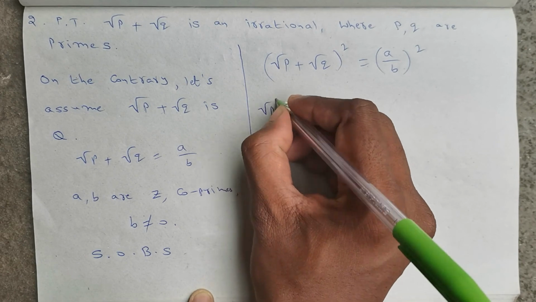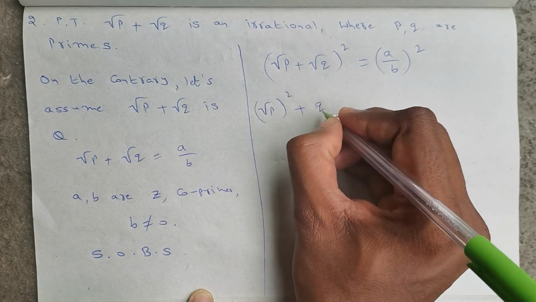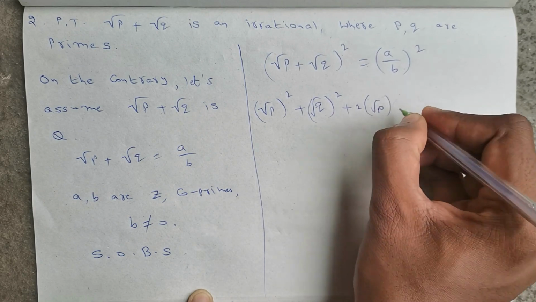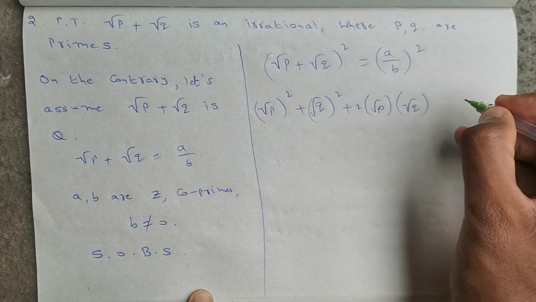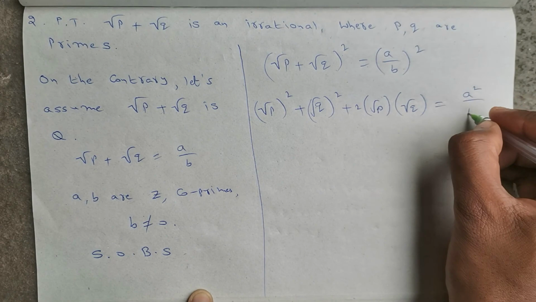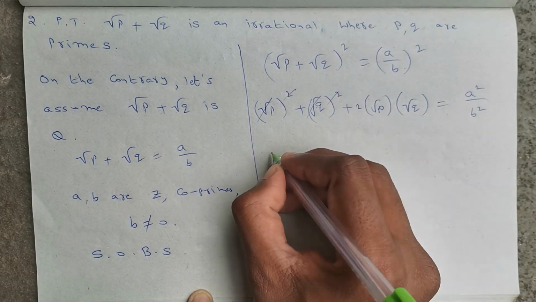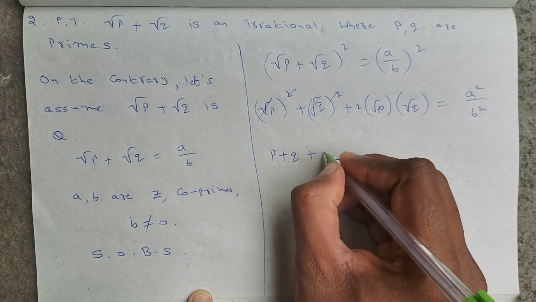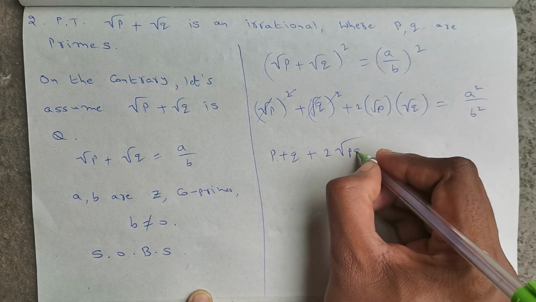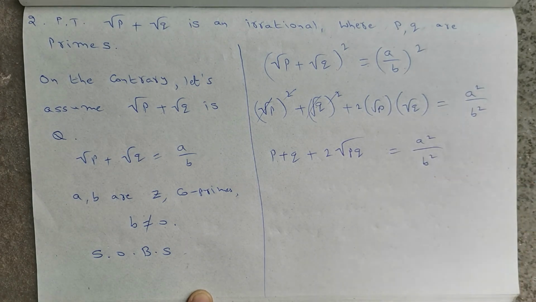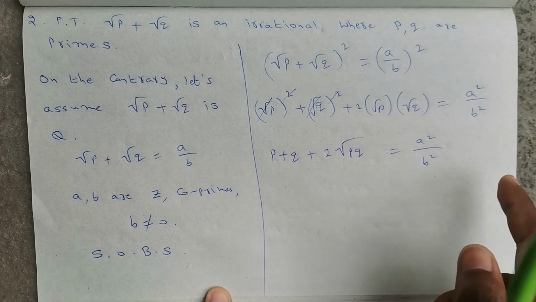So if we expand, root p whole square plus root q whole square plus 2 into root p into root q is equal to a square by b square. Square root square cancel, square root square cancel. So we remain with p plus q plus 2 into root pq, which is equal to a square divided by b square.